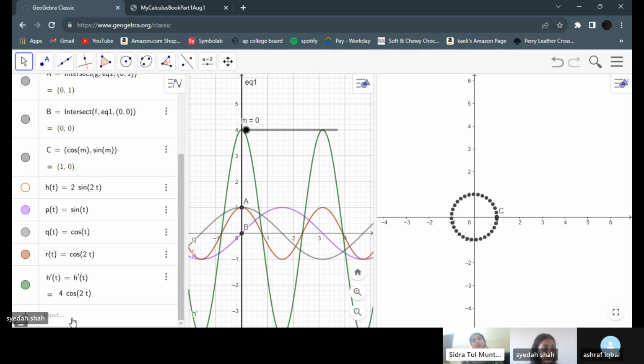But the most important thing about GeoGebra, the software, is that it doesn't care about that. You just type as you would in your calculator, like 2 plus 2 would be equal to 4. And in GeoGebra, when you have two vectors and you want to add them, you just write it, and GeoGebra does the work for you.